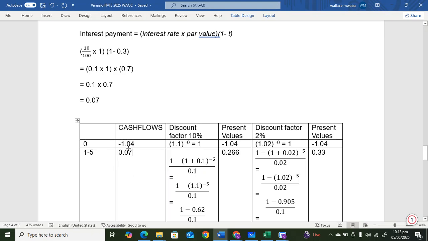After you pay this, from the end of year 1 to the end of year 5, you'll be receiving 7 ngwe interest payments.